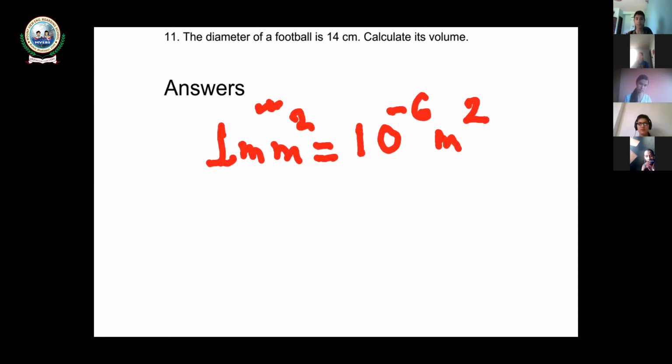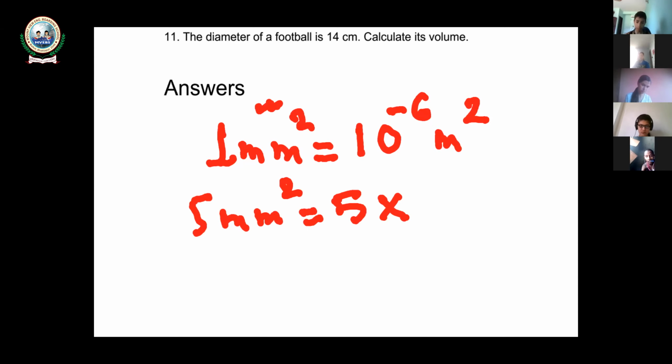So converting 5 mm square into meter square, it will be 5 into 10 power minus 6 meter square. Clear, students?